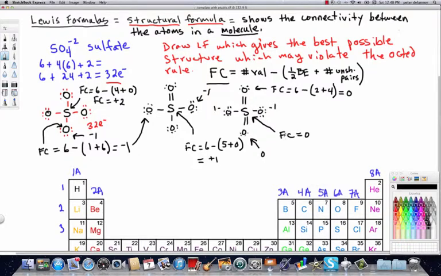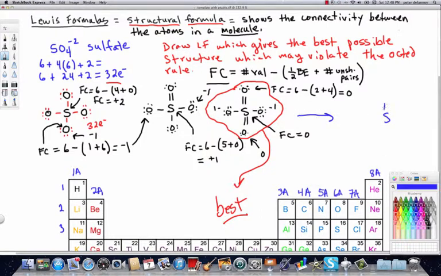Now, I'm just going to tell you flat out right now that this structure that I'm circling in red is in fact the best structure of sulfate. But we can prove that. And so very quickly, what we're going to do is write the next option for this.